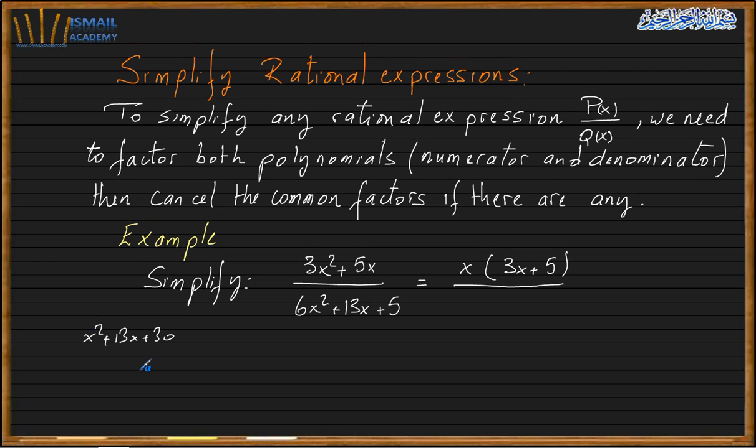So we'll have 10. Here I multiply by 3, so here will be 2x plus 1 times 3x.